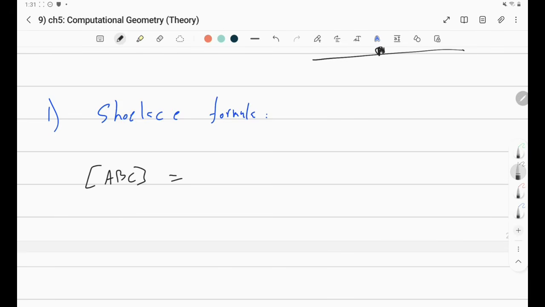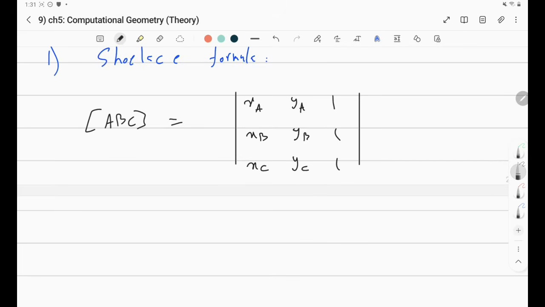So it turns out that the area can be written using this determinant: xa ya 1, xb yb 1, xc yc 1. Now, of course, you're going to ask me what exactly is a determinant. If you're not familiar with it, you can go to the appendix at the end of the book and check.